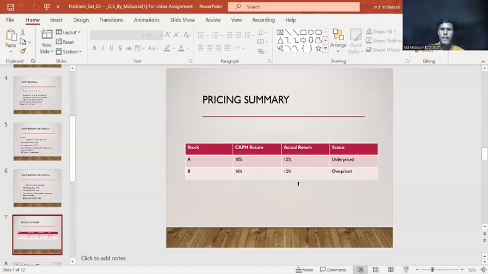Now, we summarize this solution in this slide so that you can see it easily.